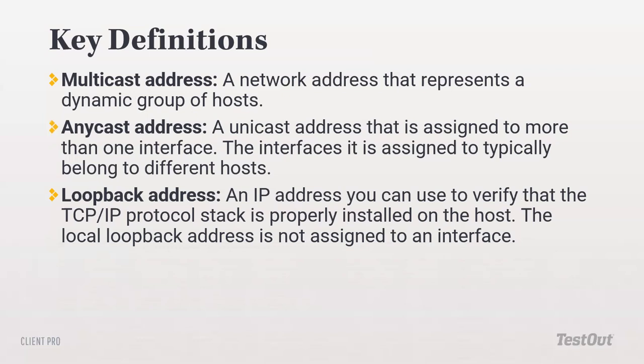And an anycast address goes to more than one interface, and usually again belongs to different hosts. So how is that different from a multicast address? The context of dynamic is a factor here. More about that later as well.